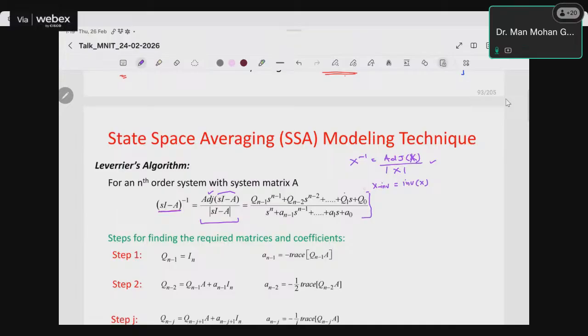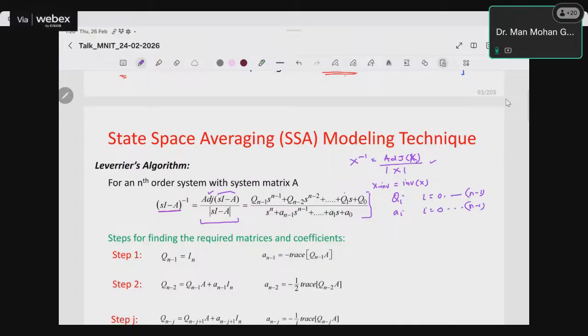Basically these Qi's are matrices, where i varies from 0 to n minus 1, and these ai's are coefficients only, not matrices. They are scalars, single constant values, where i varies from 0 to n minus 1.